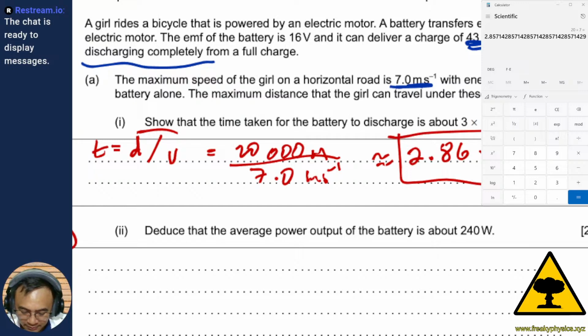Deduce the average power. It's 240 watts. So you need to find the energy or the power, right? Okay, here's the shortcut. Remember that power equals IV, right? I don't normally teach the energy form of this.